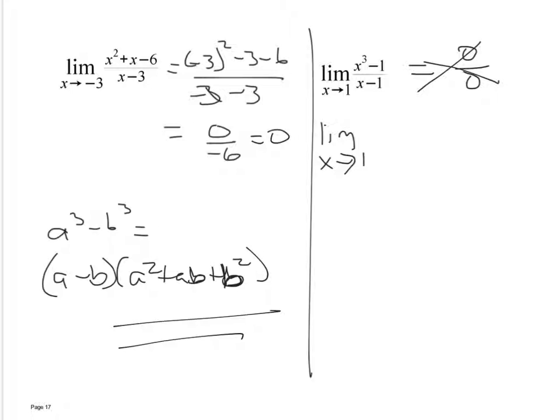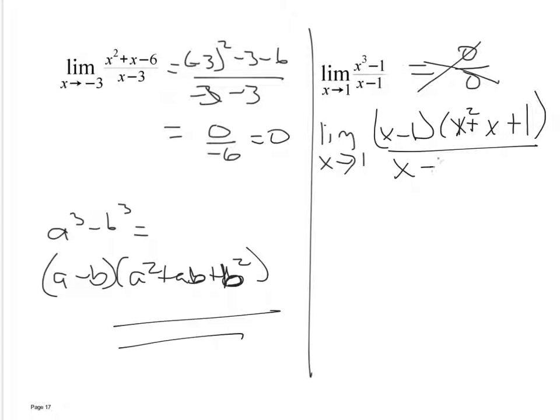All right, so what do we get when we get ours? We would have x minus 1 then, and then x squared plus 1x, and then plus 1 at the end, because negative 1 times negative 1. All right, so there you go.